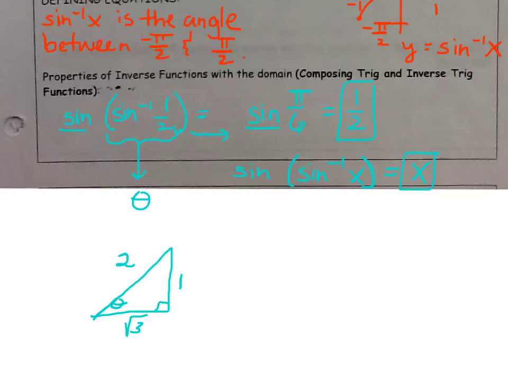Again, there's some things we'll talk about later that make it a little more difficult than that, but that's one of the main properties. Okay? Another really big property, if I put the inverse on the outside, inverse sine of the sine of x also equals x. So an inverse sine function and a sine function kind of undo each other. All right, we'll talk a lot more about that.